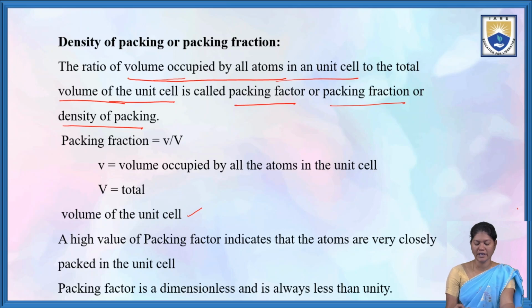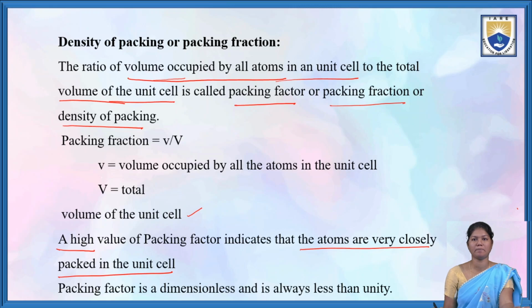Okay. So a high value of packing factor indicates that the atoms are very closely packed in the unit cell. Packing factor is dimensionless and is always less than unity.